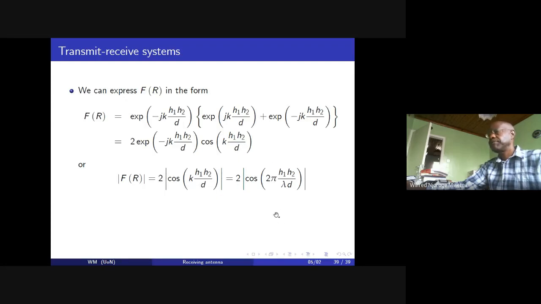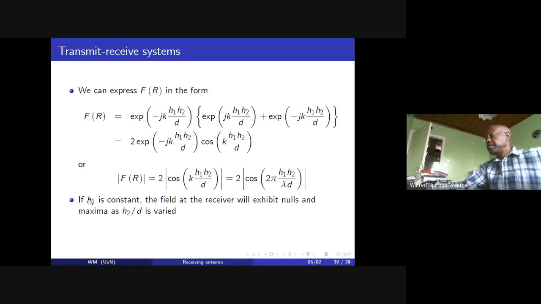So if h1 is a constant, the field at the receiver will exhibit nulls and maxima as h2 by d is varied.